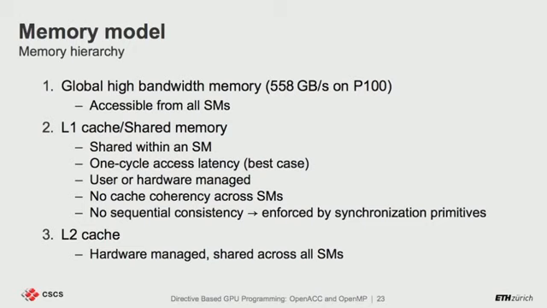Now, another important feature of this memory is that there is no cache coherency between the different shared memories or level 1 caches, whatever you like, between the different SMs. What happens on the CPUs? For example, if we have several cores or different CPUs, and I write something in my cache on one node, and then I read from the other cache on the other node at the same location, I get the updated value.